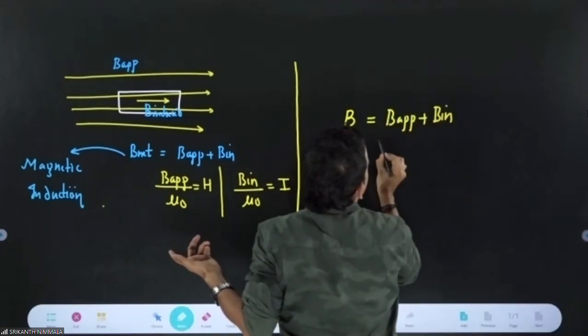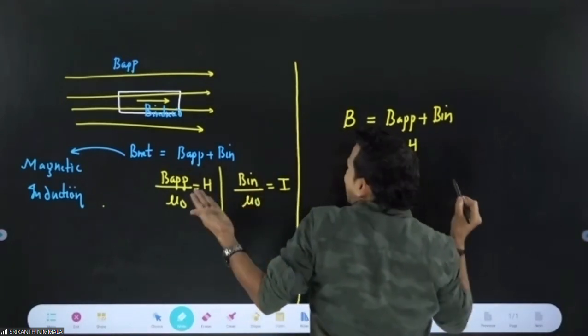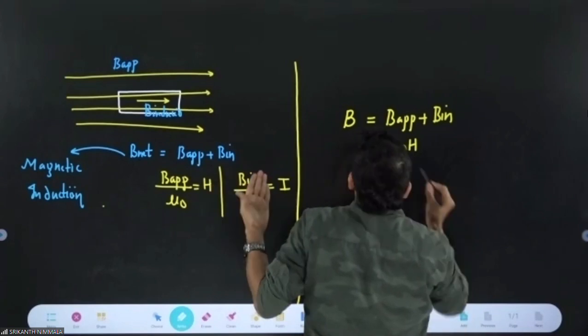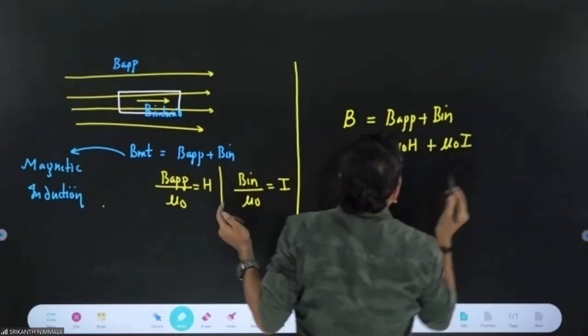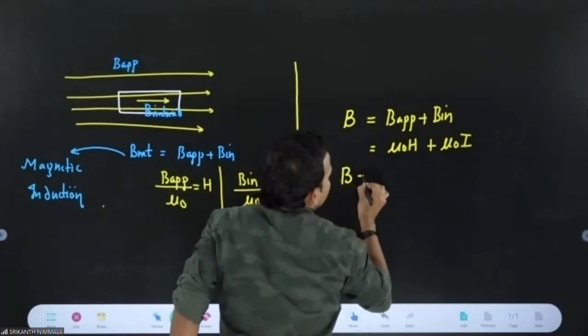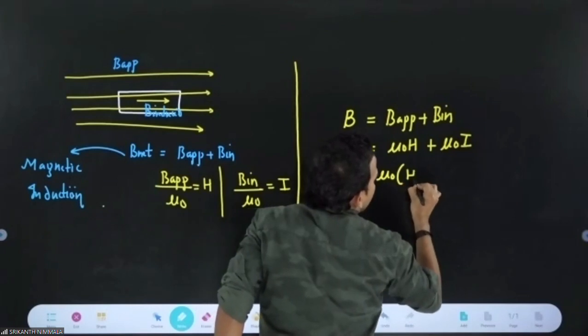B applied will come as mu naught into H, since B applied by mu naught was H. And B induced will come as mu naught into I. So from here you can find the magnetic induction in the body if H and I are given, that is mu naught into H plus I.